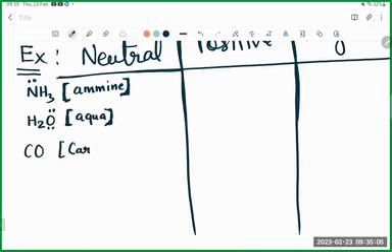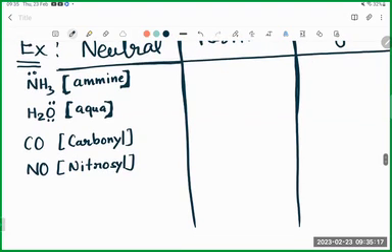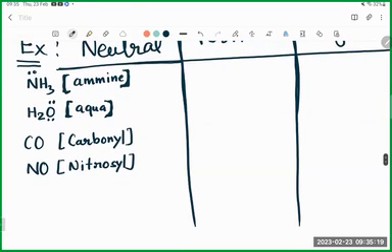Remember it. Next, after carbonyl, NO, nitrosyl. These are the molecules we consider neutral ligands.